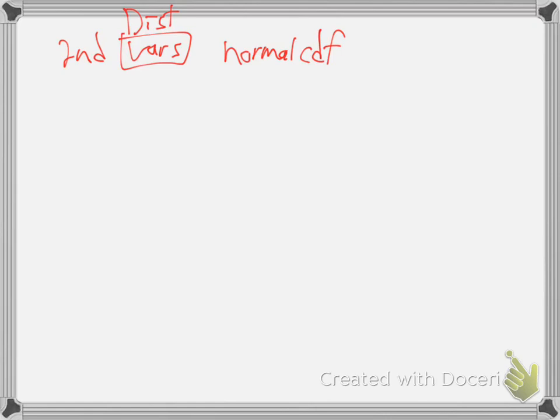Just the NormalCDF. How does it work? It's got 4 entries. What are they? They are left edge, right edge, mean, and standard deviation. Left edge, right edge, mean, standard deviation.